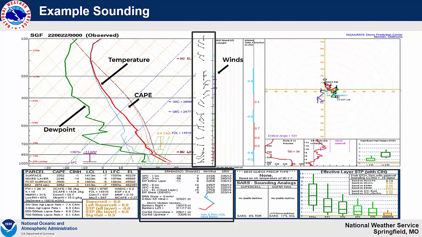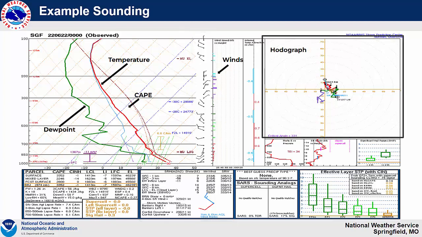Now, a hodograph, which is in the top right corner, is a graphical representation of the wind speeds and directions with height. And depending on the shape of the hodograph can help us determine what specific storm mode we can potentially expect.